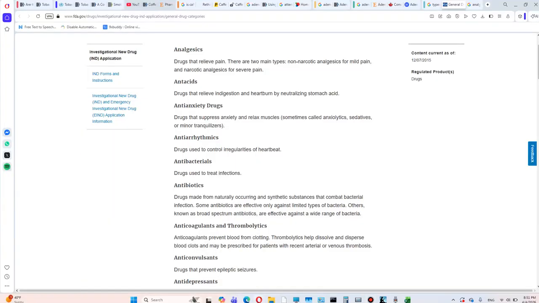Antacids, drugs that relieve indigestion and heartburn by neutralizing stomach acid. Anti-anxiety drugs, drugs that suppress anxiety and relax muscles, sometimes called anxiolytics, sedatives, or minor tranquilizers.